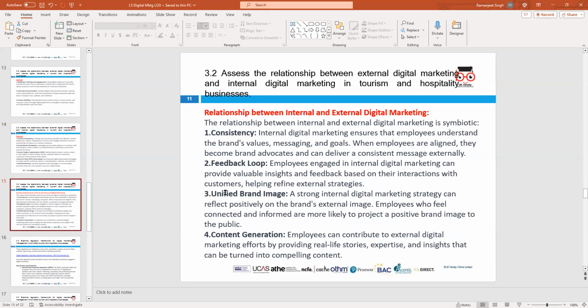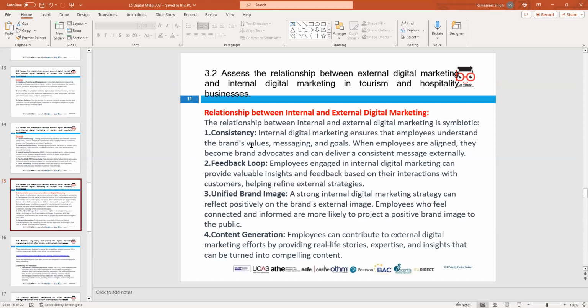Okay, we want to make sure that the information you give is consistent. The relationship between internal and external digital marketing is very important, in the sense that whatever employees give to customers is the same message and the same content.